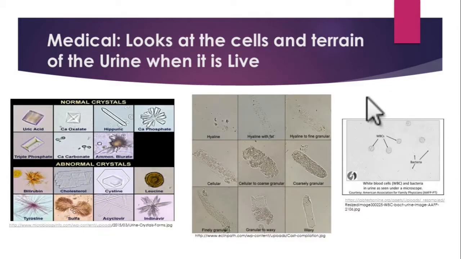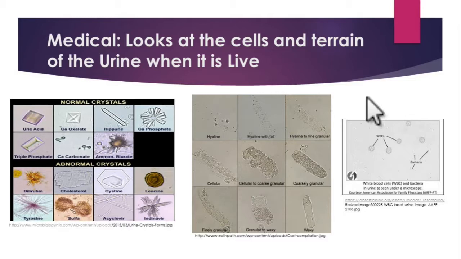So even though the medical industry doesn't look at blood live, it does actually look at urine live. Say when you enter a doctor's office and the doctor sees that you have an indication of a kidney malfunction or urinary tract infection, the doctor may order a urinalysis.